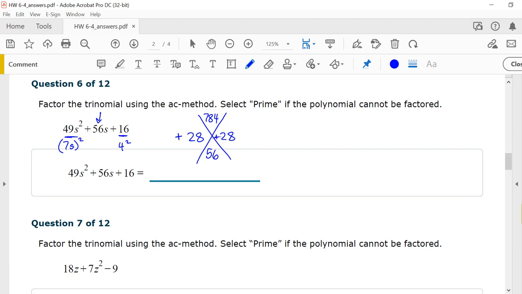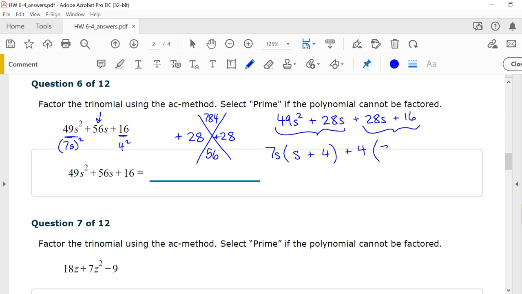If I do positive 28 on both of them, I have 49s squared plus 28s plus 28s plus 16. I can factor out a 7s, and I have s plus 4. And here I can factor out a 4, and I'm left with, let's see, 7s plus 4.